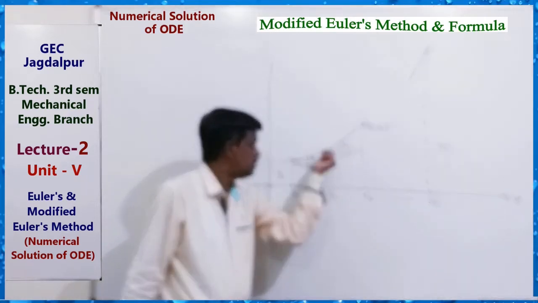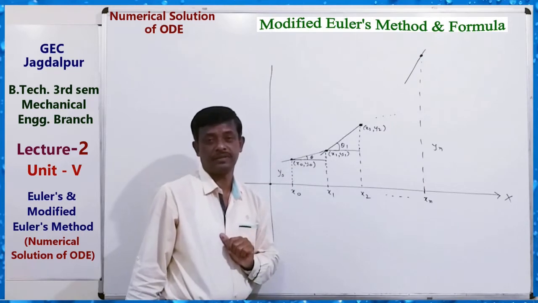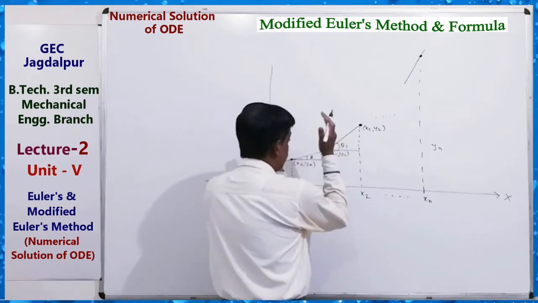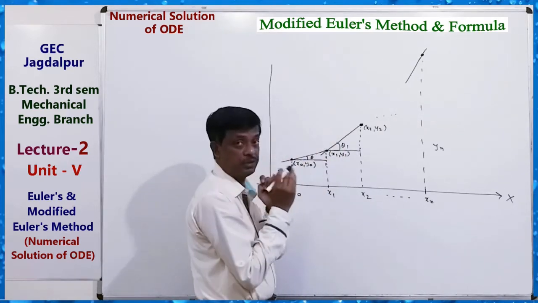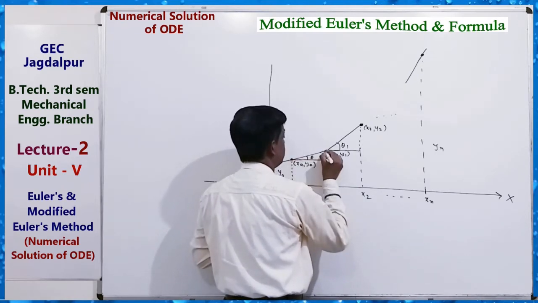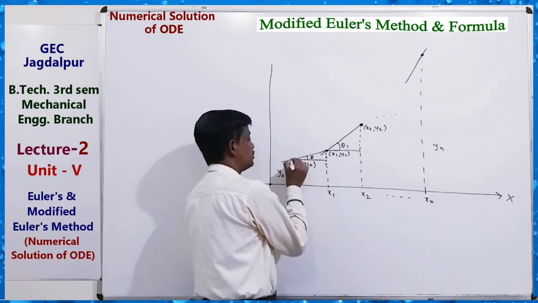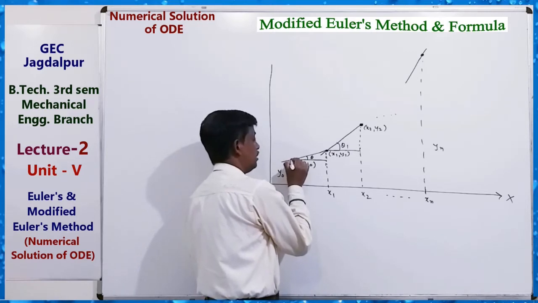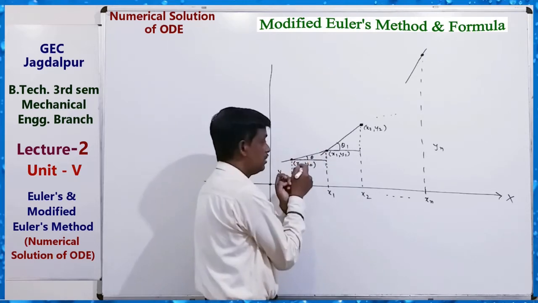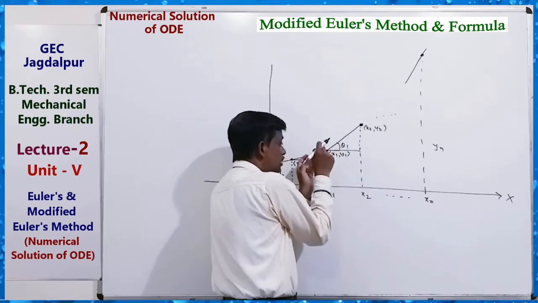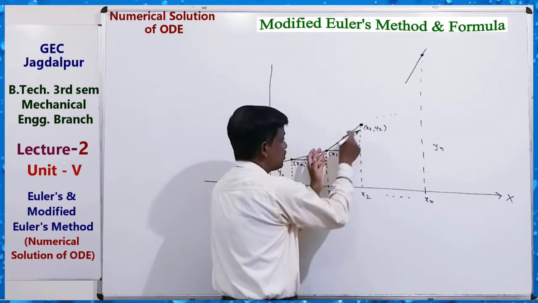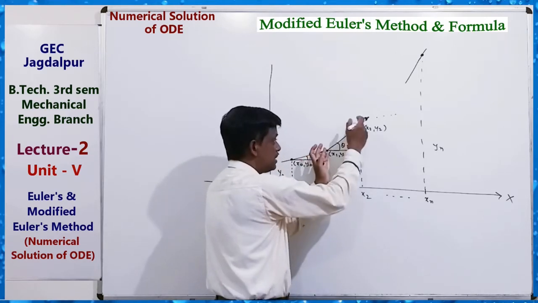But for getting a better approximation, in this interval we approximate the curve by this tangent, and in the next interval the curve is approximated by this point and this tangent.